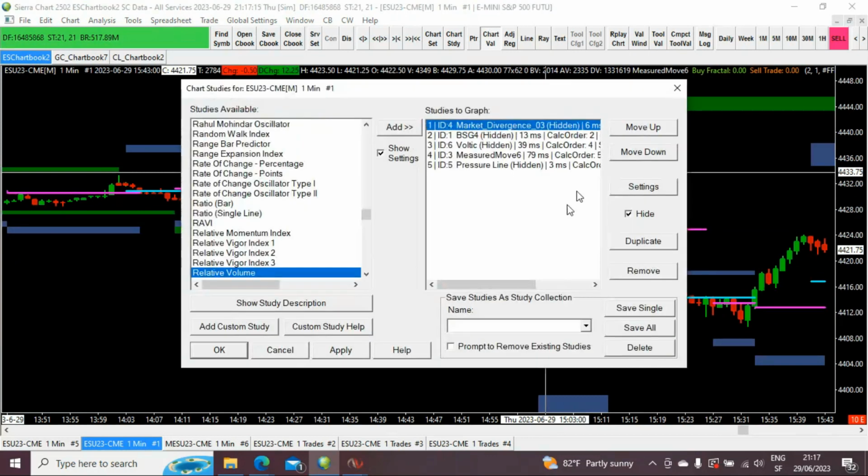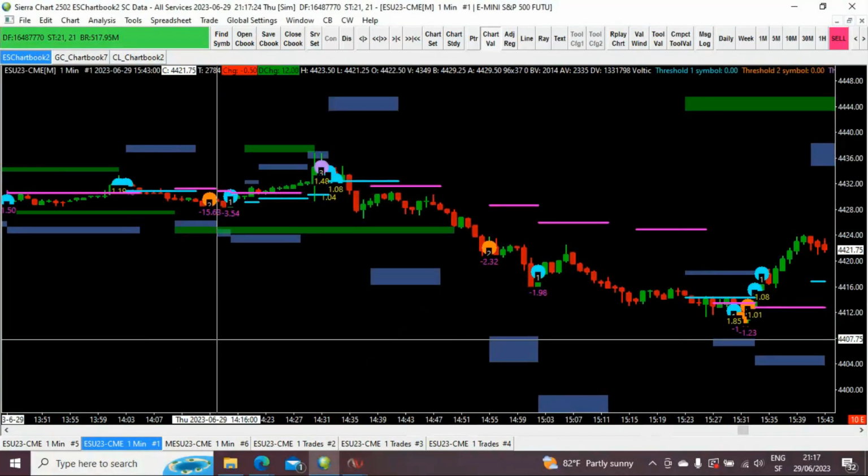So next one I'm going to put on here is Voltic. Now, you may have heard Voltic mentioned in some of Ray's classes. He's been using Voltic for quite a while. Voltic was one of the original indicators in the first release of Often.